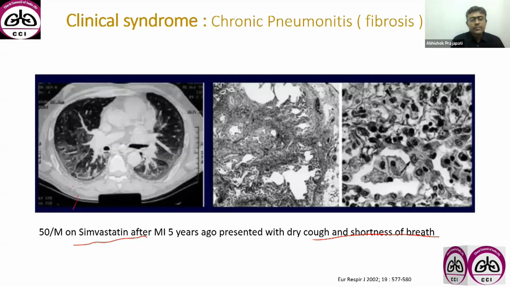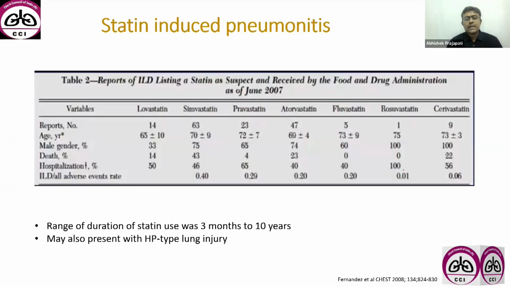Here in the CT scan, we can appreciate bilateral homogeneous involvement of the lung parenchyma, leading to lung fibrosis. In the histopathology, we can appreciate honeycombing, and there is homogeneous fibrous material deposit in the alveoli. So in the biopsy, it was NSIP.